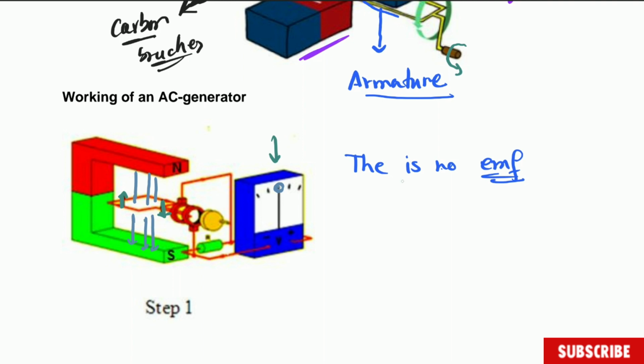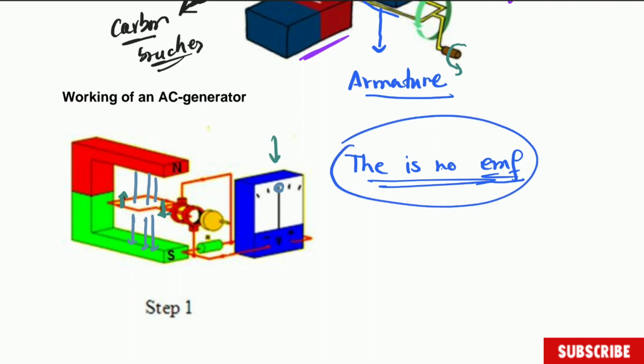At that specific point there is no EMF, because no field lines are being cut. There is no change in magnetic flux. So that is important. In that specific position, the EMF is going to be zero. So this is zero voltage, and therefore there is not going to be current flowing through the conductor either.